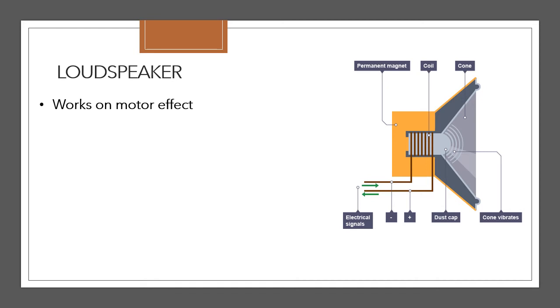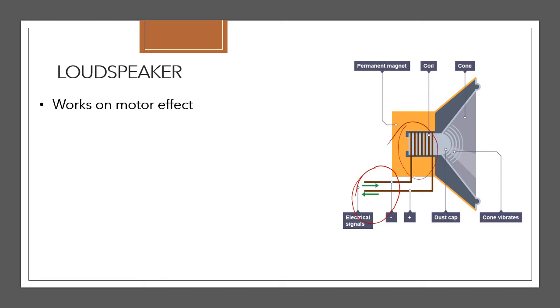So what happens here? You have already used the microphone. For example, say you are singing, and the microphone has converted your voice, your sound, to electrical impulses. These electrical impulses, or this current, then goes through this coil, as you can see here.